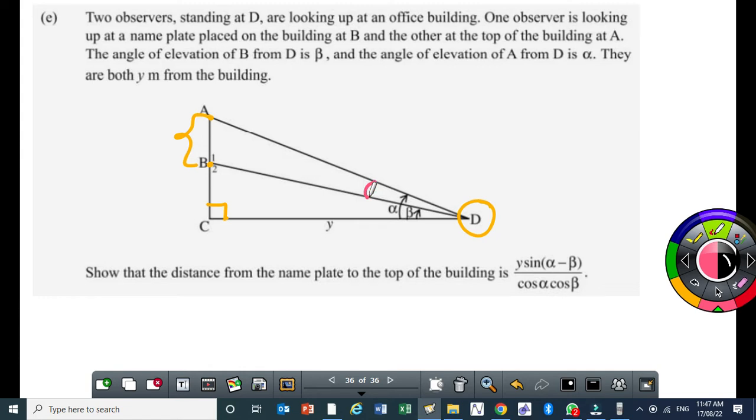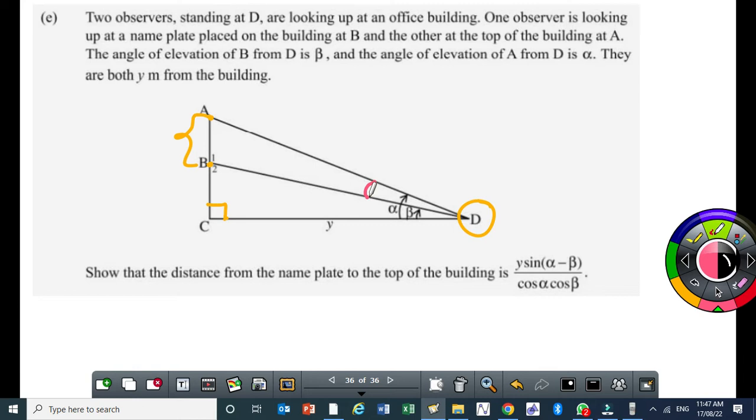It will be equal to alpha minus what? Beta. Isn't it? Why would I need that? Because I'm looking at my expression which I'm supposed to show, and I'm realizing that I think I might need to use triangle ABD to show that, because it's only through triangle ABD that I can determine that alpha minus beta.